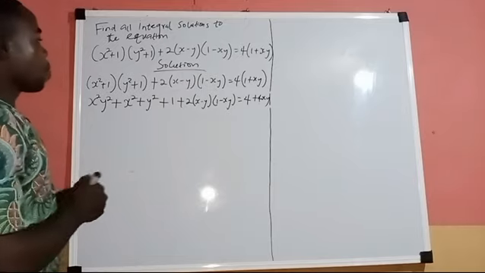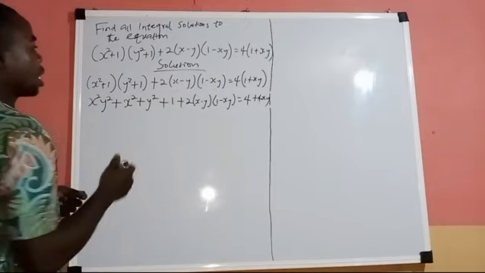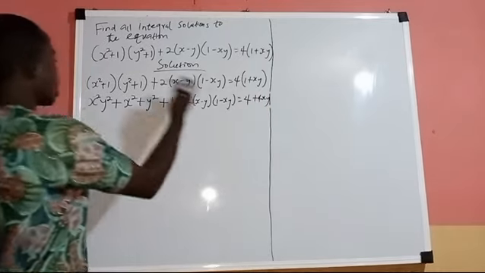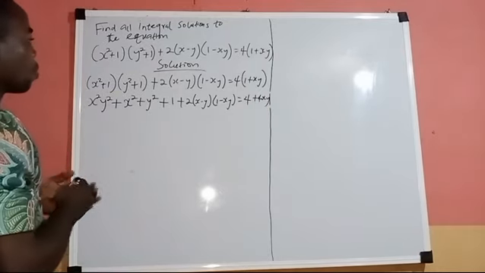The next thing we want to do is to collect like terms. So we want to bring this 4xy to this side of the equation.